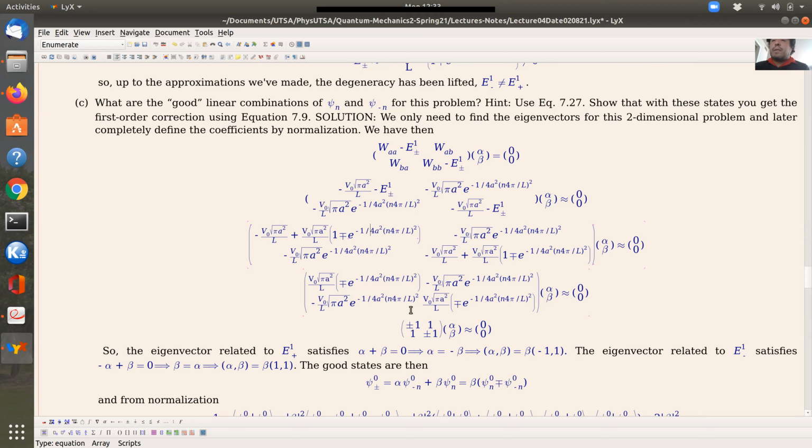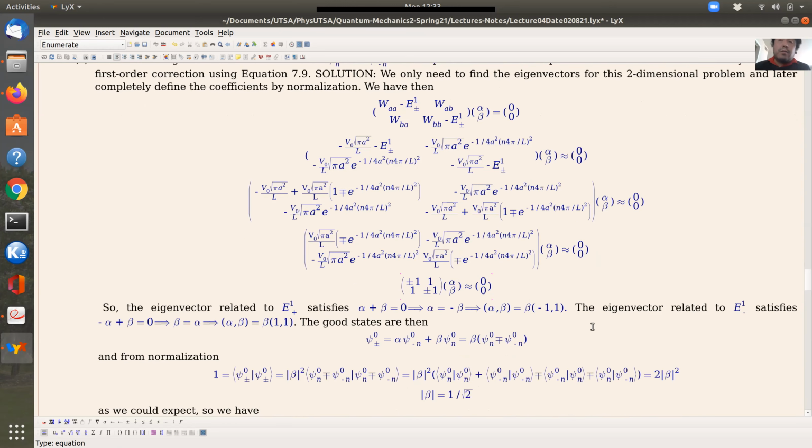This will become plus minus, and then you factorize. That means the matrix times the alpha beta should be zero, where you can take out the coefficient. You divide zero by this coefficient, so it doesn't make any difference, and then you have plus minus 1, 1, 1, plus minus 1. So you just divide by the common factors that all these terms have, and you have this simplified equation for alpha beta. So this is actually quite nice.